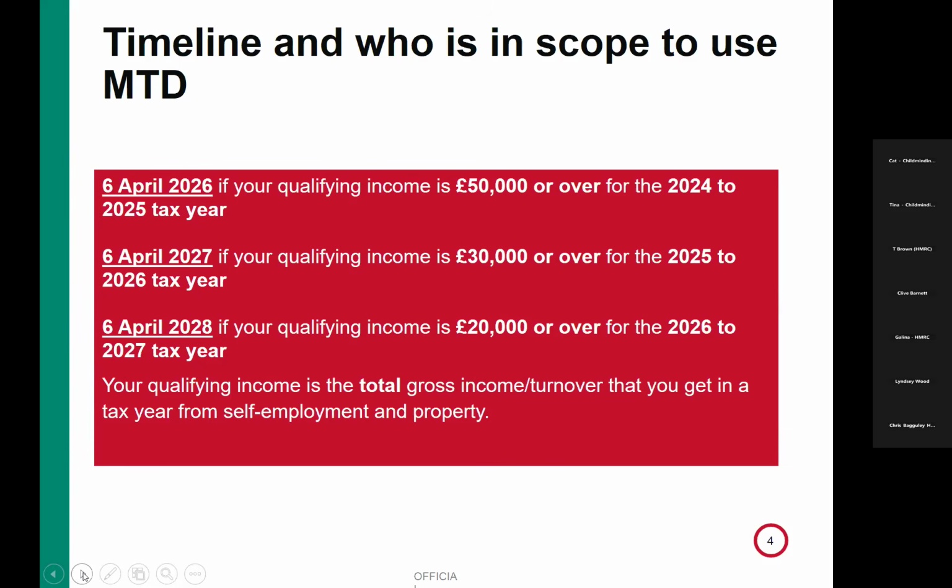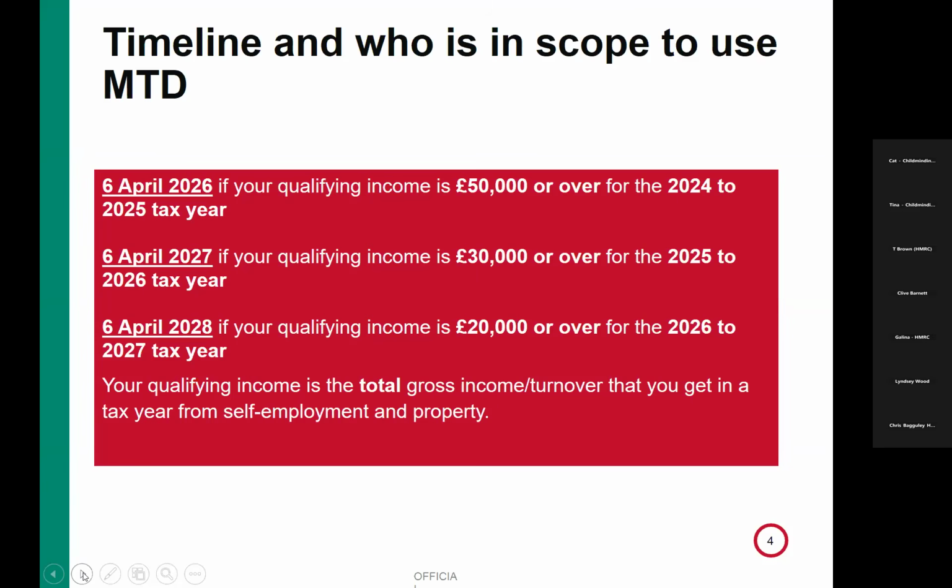Therefore, they will have to do all of the things using software that we summarized on the last slide: keep digital records using software, send quarterly updates, adjust as needed, and complete and submit the end of year return. And that will apply for the 2026 to 2027 tax return onwards.